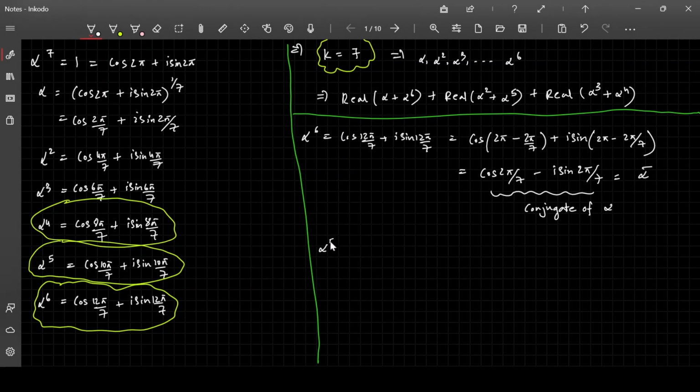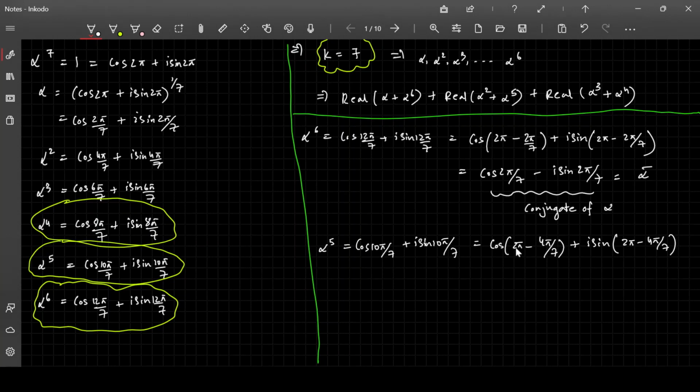Similarly, alpha power 5 is equal to cos 10π/7 plus i sin 10π/7, and this is basically cos(2π − 4π/7) plus i sin(2π − 4π/7). People get confused, so they can even just do it as 2π minus x by 7.